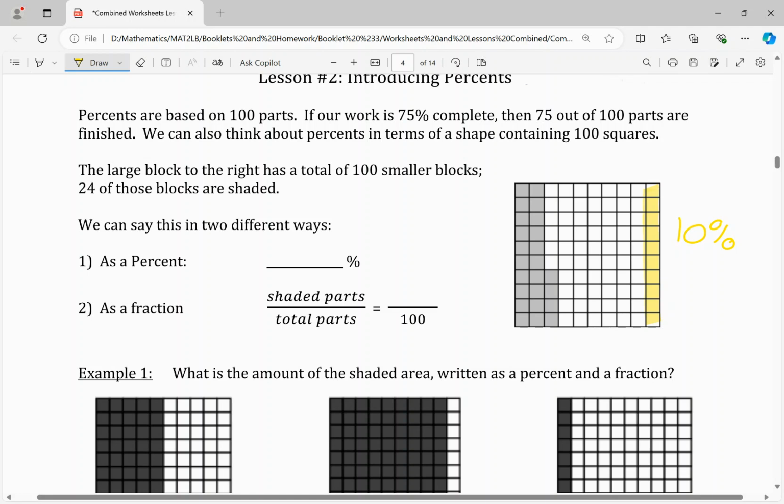Now, we don't just use percentages to describe the number of squares in this grid. You use percentages pretty often in your day-to-day life. For example, if I come to you and ask, how far are you through the homework of today's lesson? A quick way to describe that to me might be something like, I am 50% of the way through.